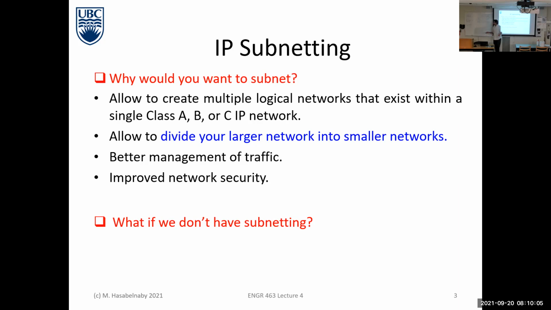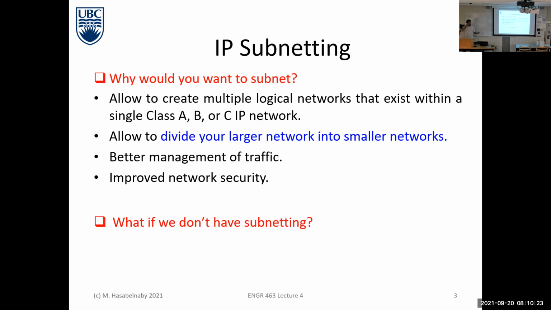How many IP ranges will you buy? One class C IP range, or two class C IP ranges? Two. One for this network and one for this network. That's perfect.